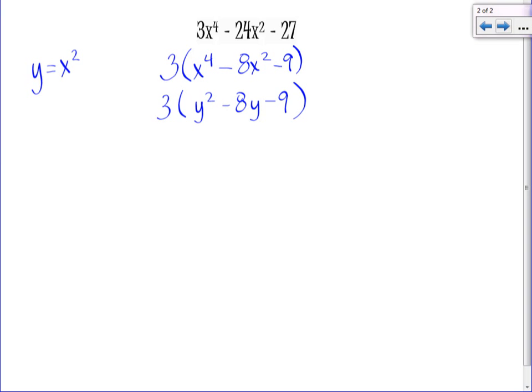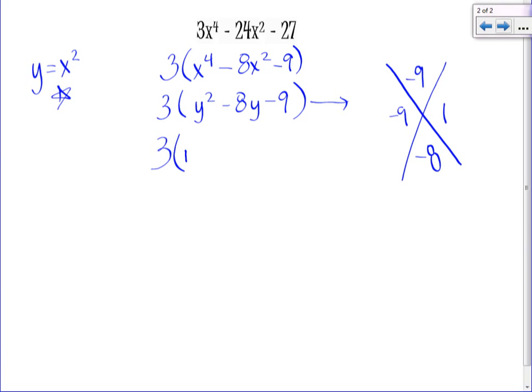Okay, which is a little bit more familiar to what we can factor and what we're used to factoring. Okay, so if we're looking at this second one, we're going to come back and substitute this back in later, but we're going to solve it this way. So we've got negative 9 and negative 8. Negative 9 and positive 1. So we come back here.